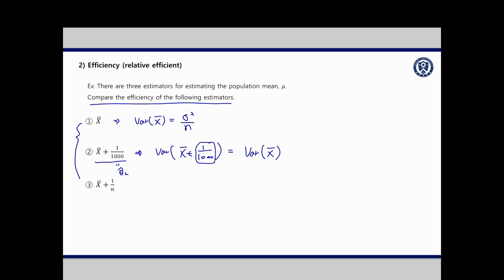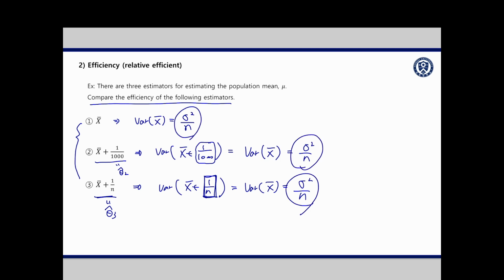So it equals sigma square over n. Also the third estimator, plus a constant, so the variance equals sigma square over n. So the variances of these three estimators are all the same.